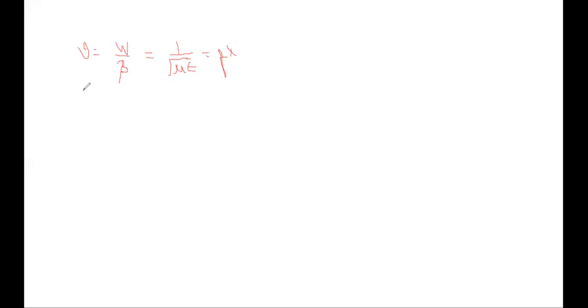And intrinsic impedance eta is equal to under root of mu by epsilon, and it is also the ratio between the electric and magnetic field, EM plus by HM plus, or minus EM minus divided by HM minus.